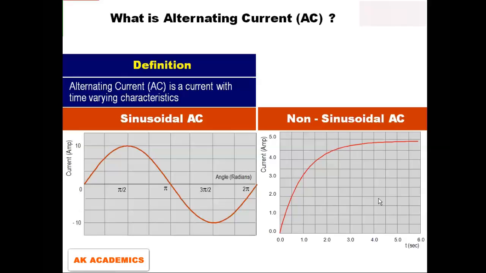So when you have a sinusoidal AC, you can see this is a sinusoid. Moving from the first phase, this is the first half cycle. The first half cycle is 180 degrees, and half of that gives us 90 degrees. The first half cycle is going to be positive, as you can see from 0 to 10 it's positive.